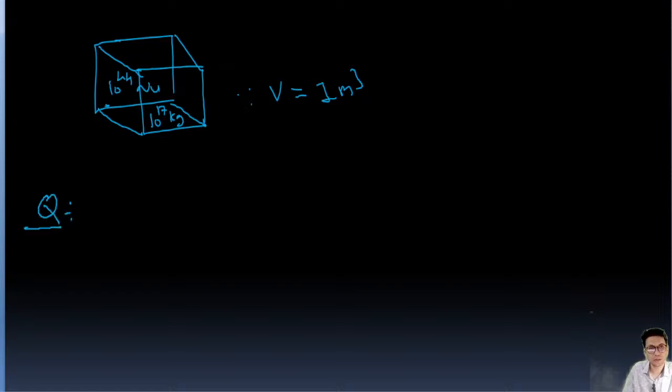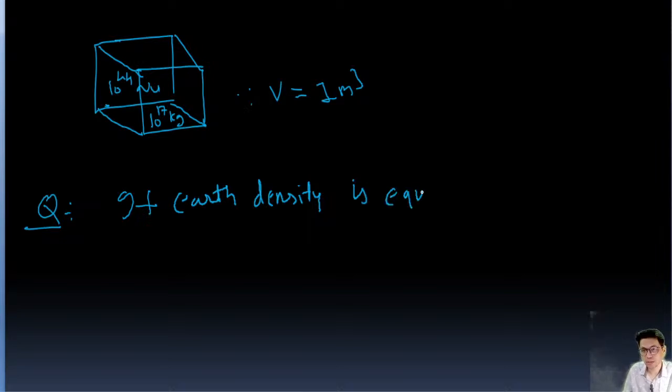The question is: if earth density is equal to nuclear density, it means earth density is equal to the mass density of nucleus.